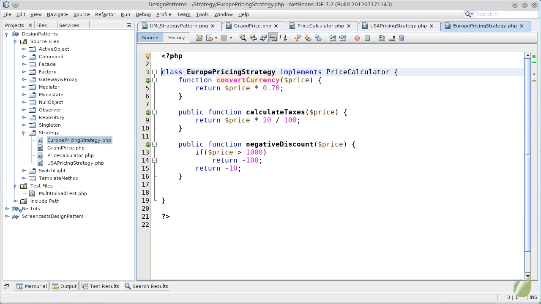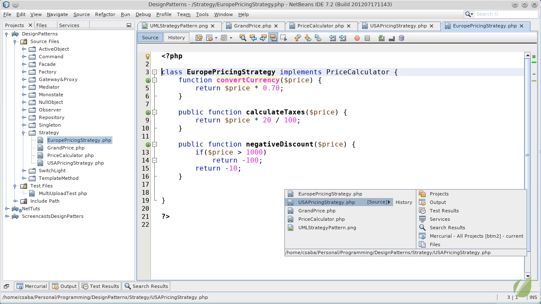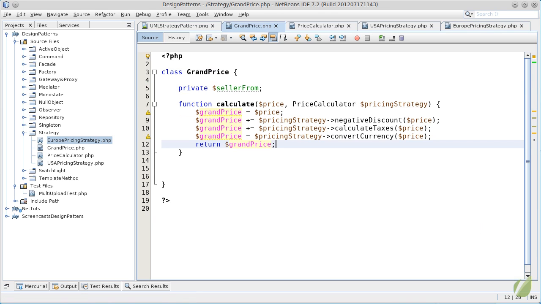All the location-dependent calculations are done in their own classes, as in the USA pricing strategy and in the Europe pricing strategy. If you use this pattern, you can observe that if in the future we will sell products to other parts of the world, implementing a new strategy will be very simple, and using that strategy in the rest of our application will be transparent.